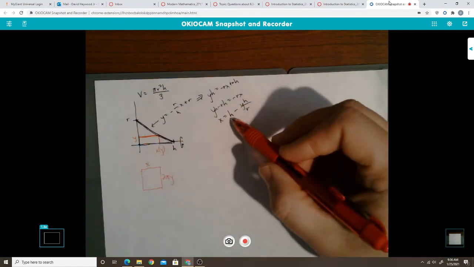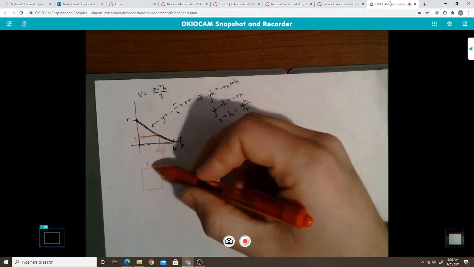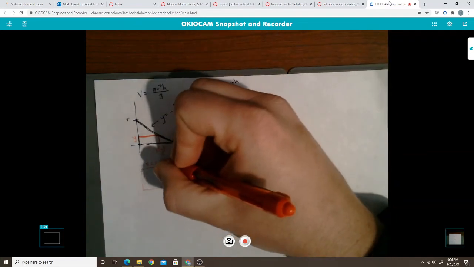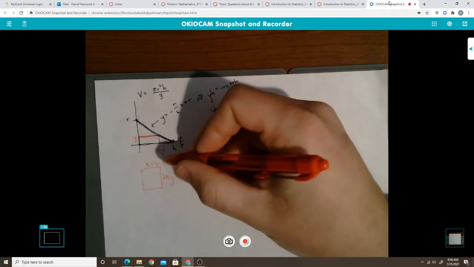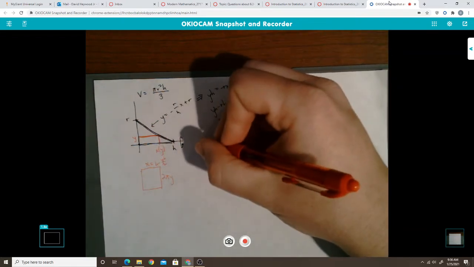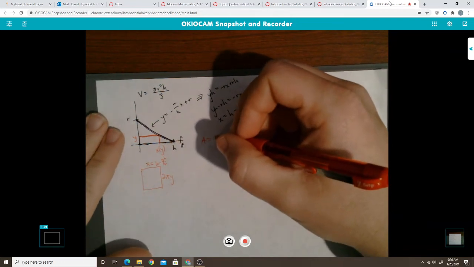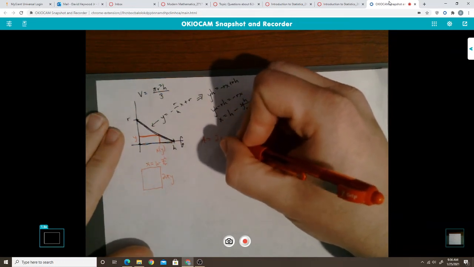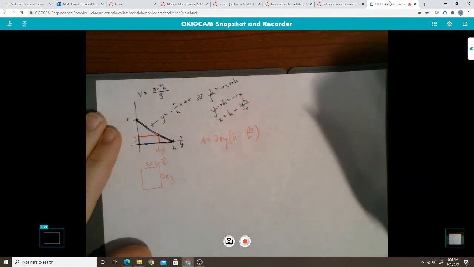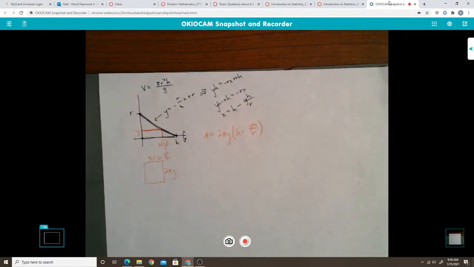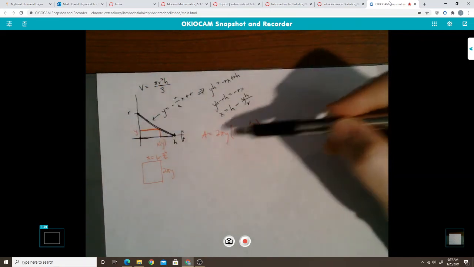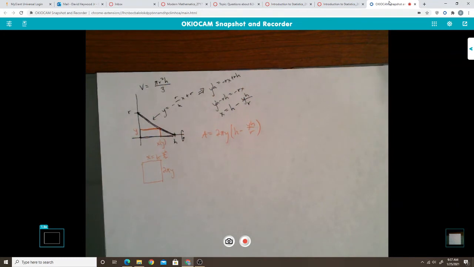So x, in other words, is h minus yh over r. So it's going to be h minus yh over r times 2 pi y. That's the surface area. So A is 2 pi y times h minus yh over r. Okay, so that's the surface area of each cylinder at any point y between 0 and r.